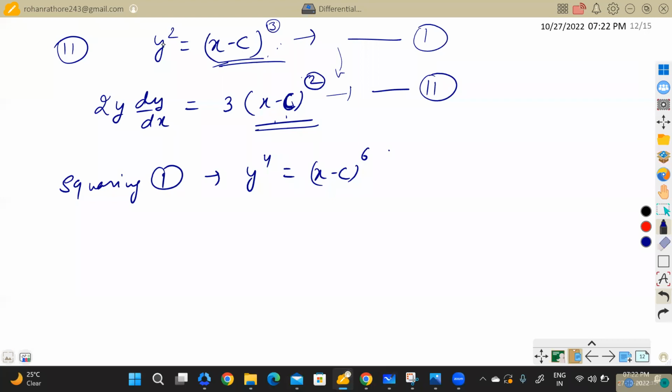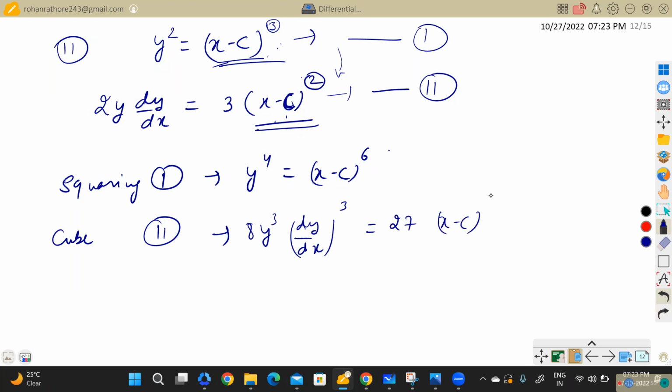When you square equation 1, the powers multiply, and when you cube equation 2, you will get 8y cubed (dy/dx) whole power 3 equals 27(x minus c) raised to the power 6.